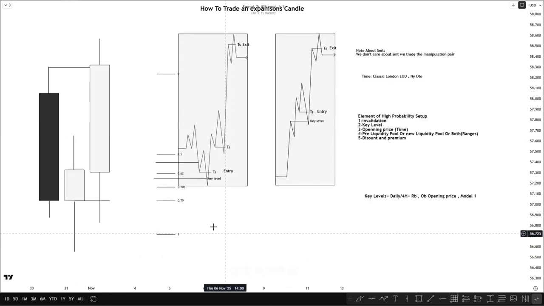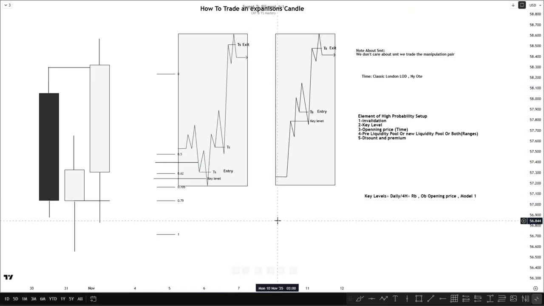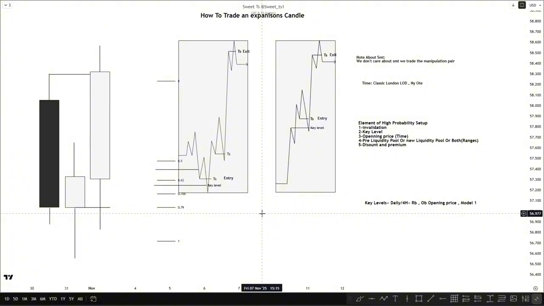Now, you draw your liquidity pool, you draw your fib, and you wait for the pattern. I will call it a pattern for now, but this is actually a pattern because what you're doing is waiting for the same thing to happen again and again.